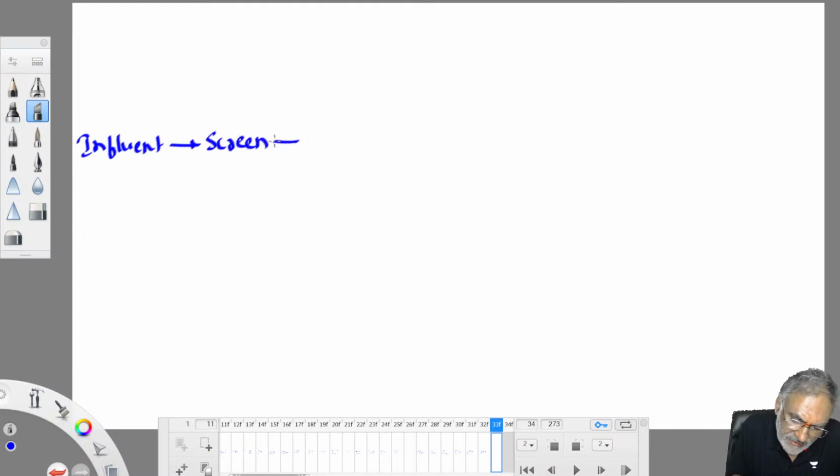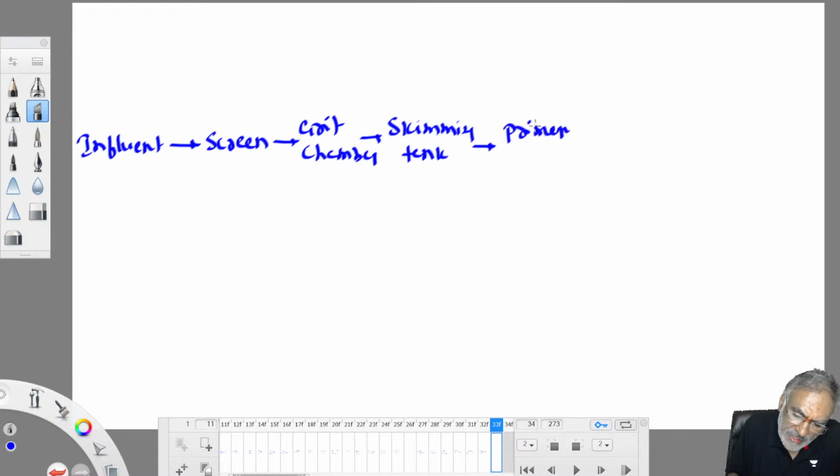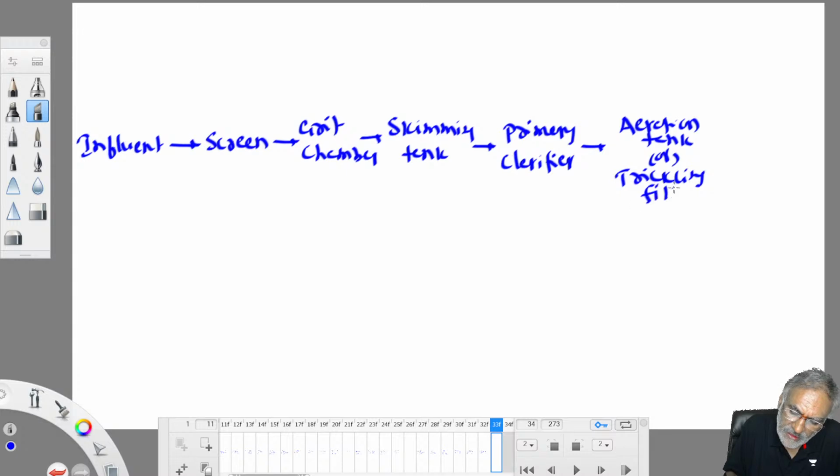First we employ screens, followed by the grit chamber, followed by the skimming tank, followed by the primary clarifier, followed by the aeration tank or trickling filter, any one, not both of them, followed by the secondary clarifier. Then we dispose of the effluent. I don't have space here.